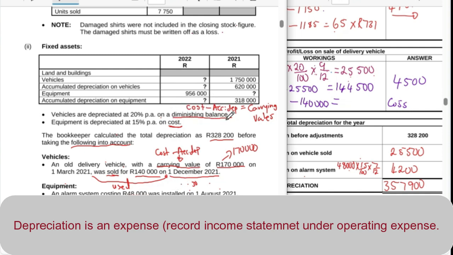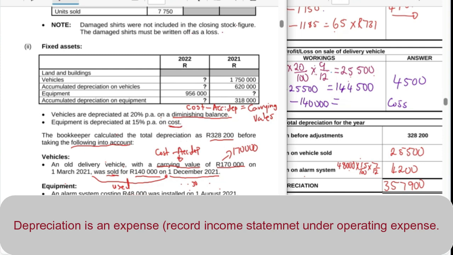For the diminishing balance method, you take your cost, subtract your accumulated depreciation to get your carrying value, and then multiply your carrying value by the percentage. If depreciation is calculated on cost, make sure you use your cost price, which is also known as straight line.